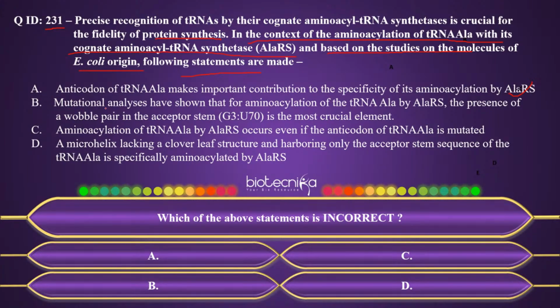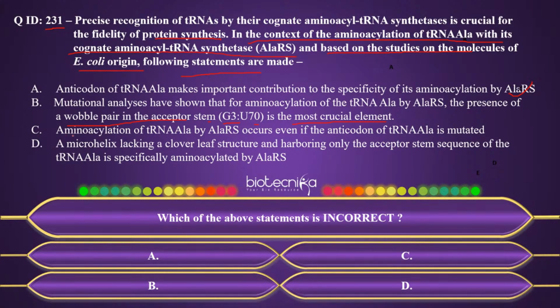Second, it says that the mutational analysis has shown that for amino acylation of the tRNA alanine by alanine RS, the presence of a wobble pair in the acceptor stem, G3 to U70, is the most crucial element.